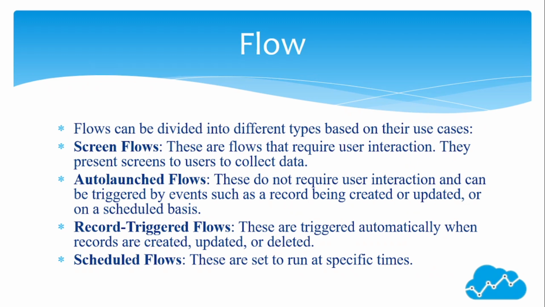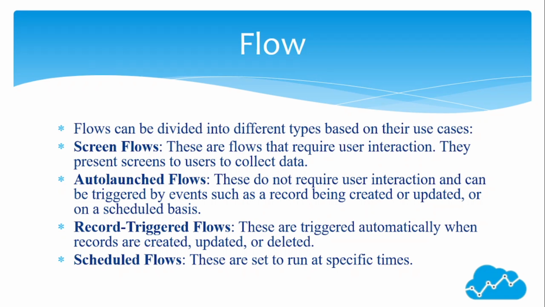Flows can be divided into different types based on their use cases. Screen flows. These are flows that require user interaction. They present screens to users to collect data. Auto-launched flows.